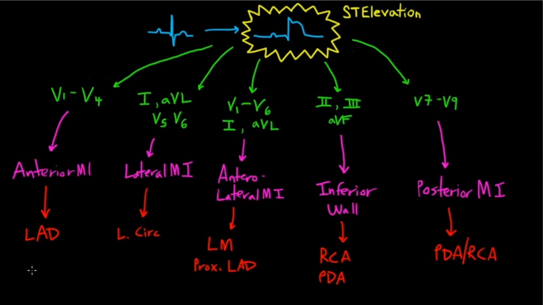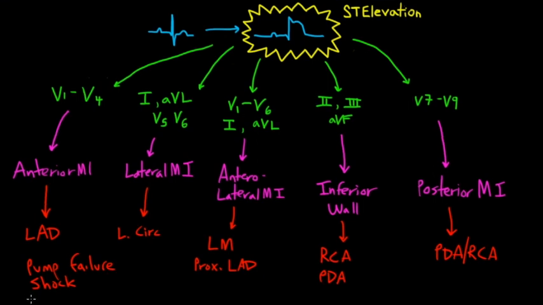This group right here, these are the ones that are going to have pump failure, cardiogenic shock, and pulmonary edema. That's what you want to look out for in this group.